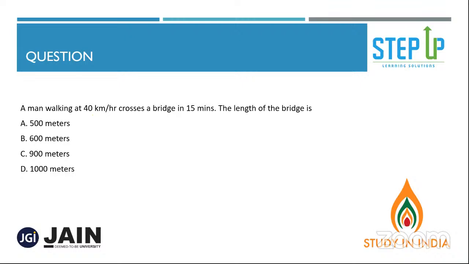A man walking at 40 km/h crosses a bridge in 15 minutes. We need the answer in meters, so convert it into meter per second. Converting into meter per second means multiplying by 5 by 18, km/h to meter per second. This is 15 minutes. Convert it into seconds, again it will be 15 by 60.